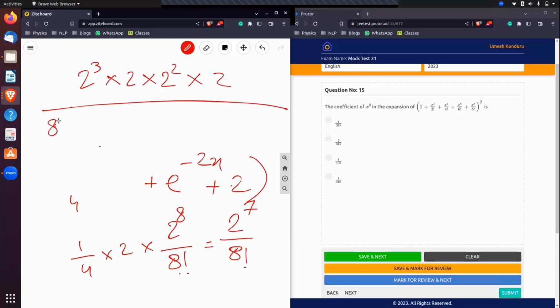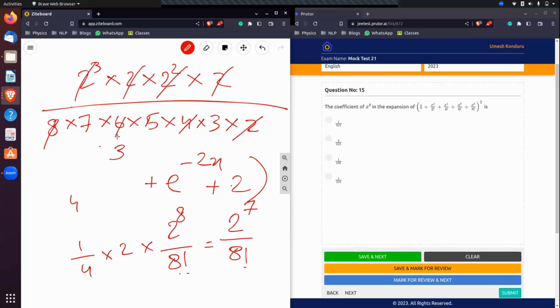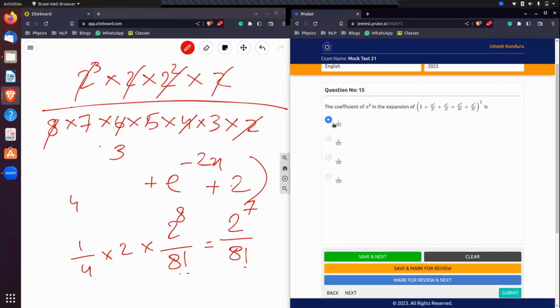So if you do this, this gets cancelled out. You get a 3 here. So the denominator must be divisible by 5 and 105 is too small and it's odd, so it has to be 1 by 315.